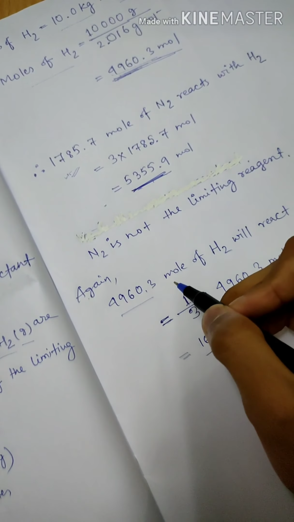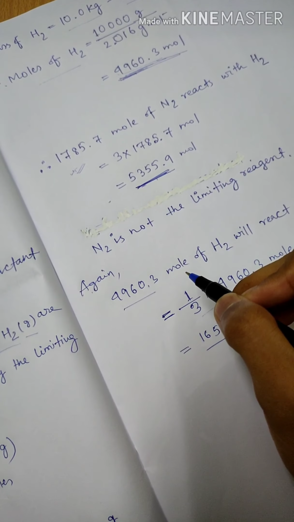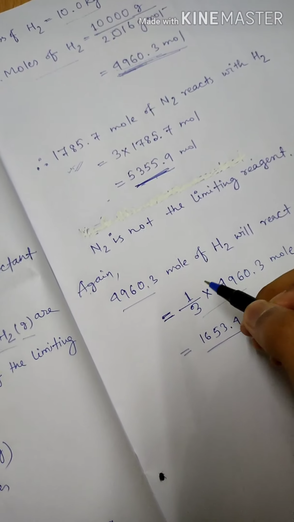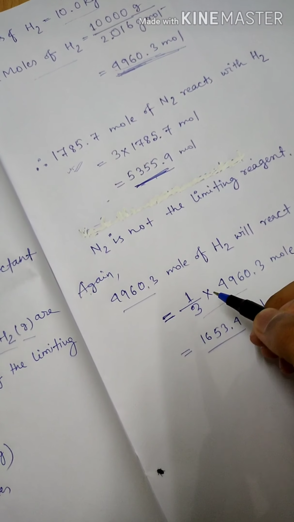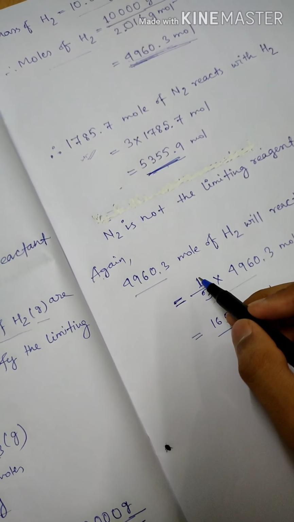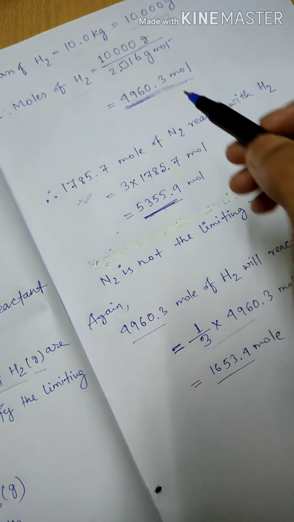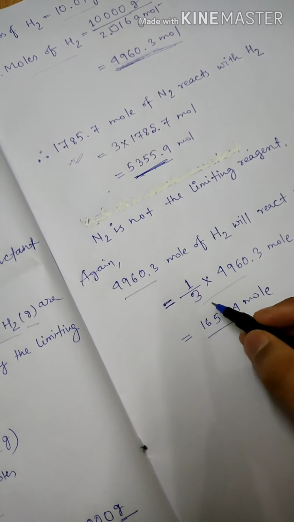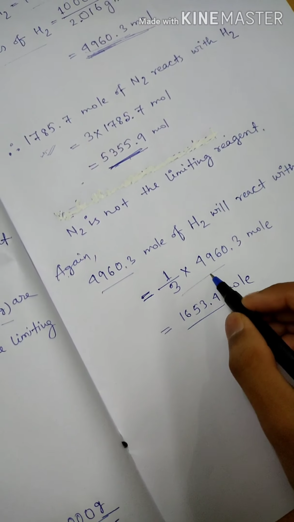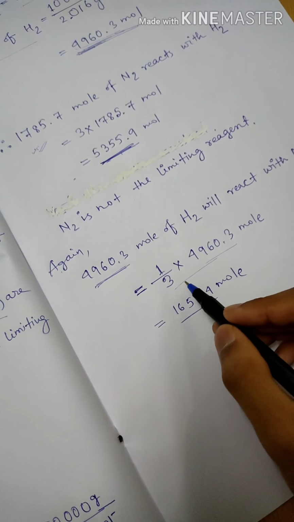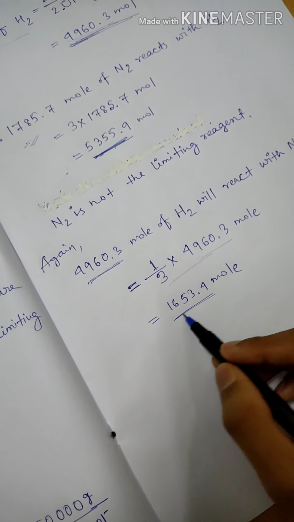Again we may test this one also in reverse manner, meaning from the side of nitrogen. Now if these moles of hydrogen react with nitrogen, then we have 1/3 into these moles. If we multiply this, then the result will be this.